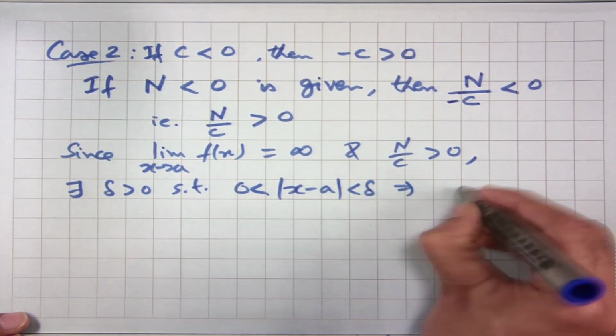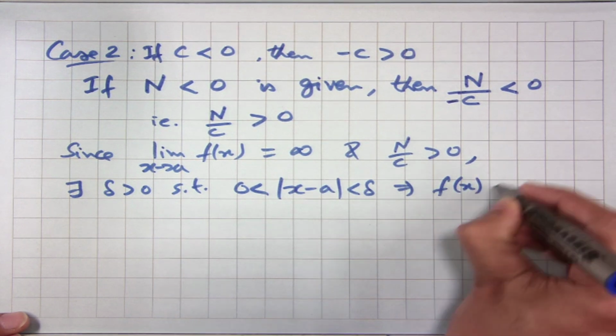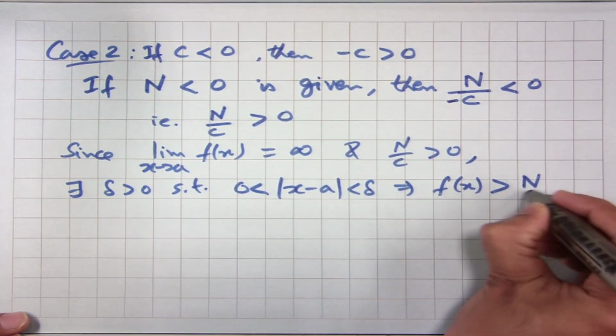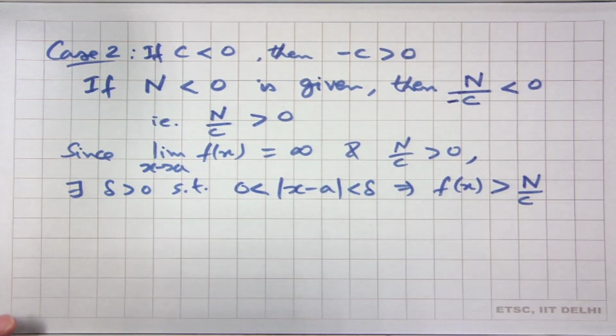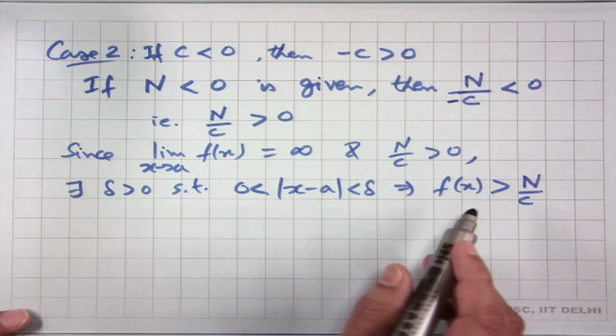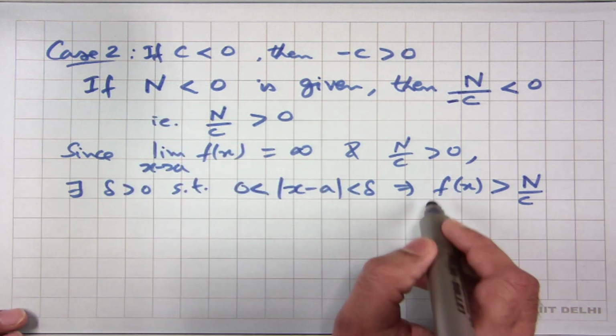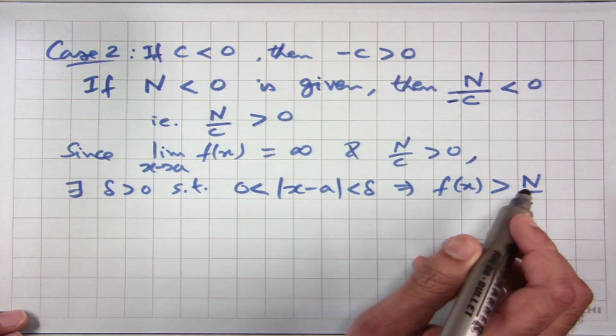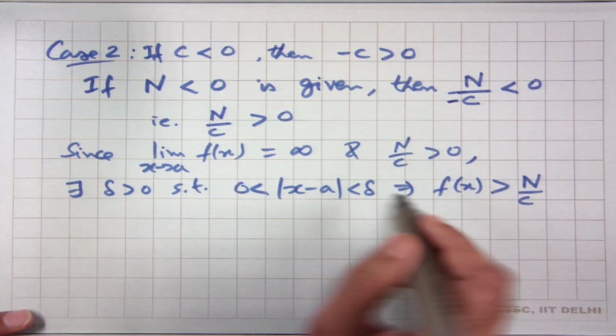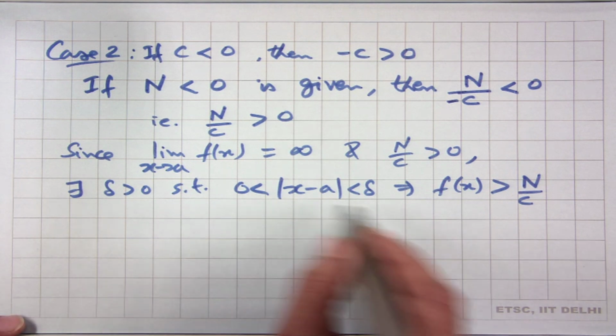This implies f of x is greater than n by c. What I have to show is that c times f x, the limit is negative infinity. That means that I have to show that c times f x is less than n if we have mod x minus a less than delta.